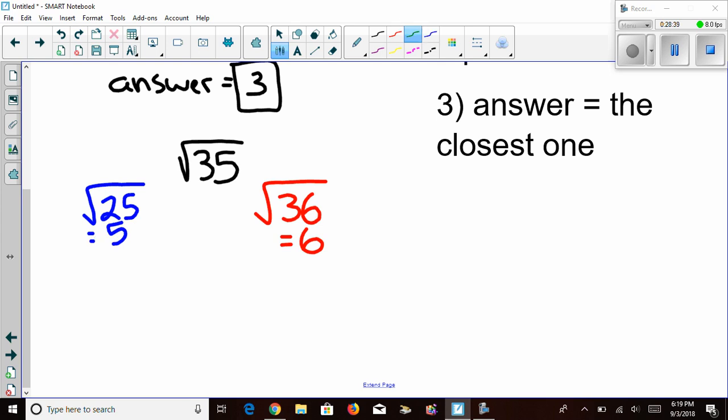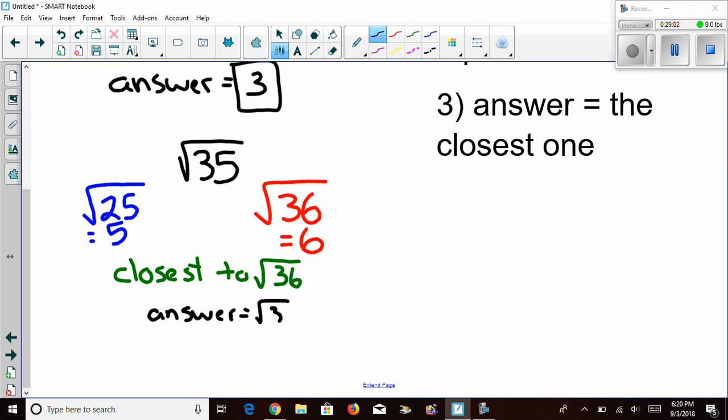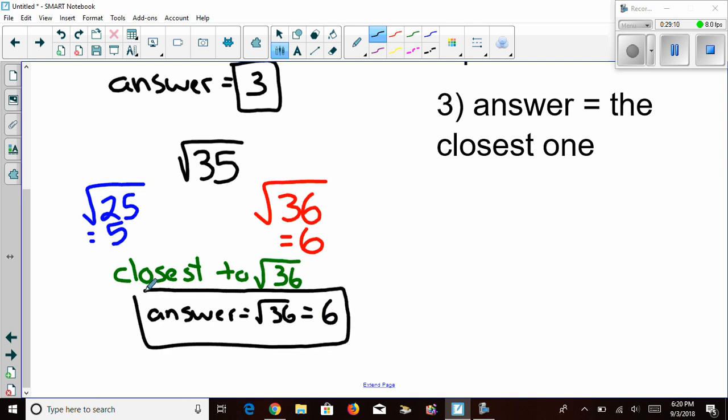But since 35 is closest to 36, and I know its square root, then my answer is going to be the square root of 36, which is that 6. So we're not finding the exact answer, we are simply finding the estimated answer.